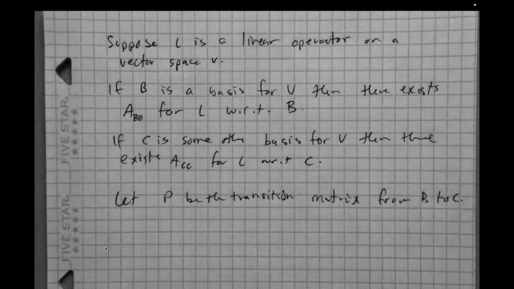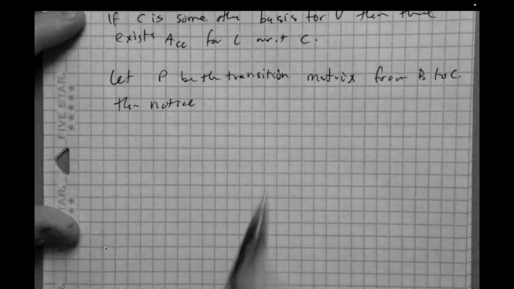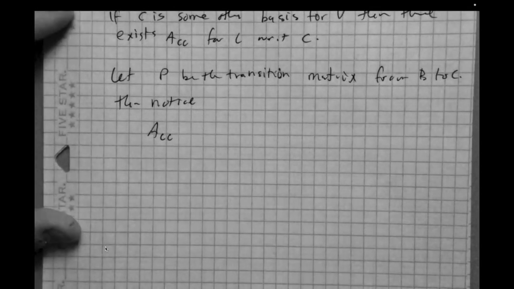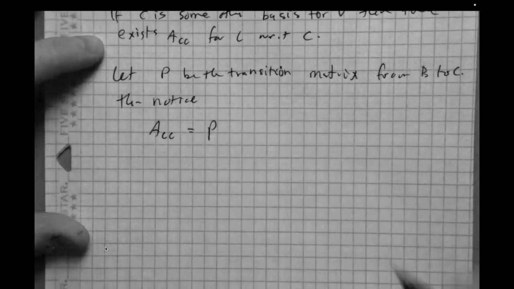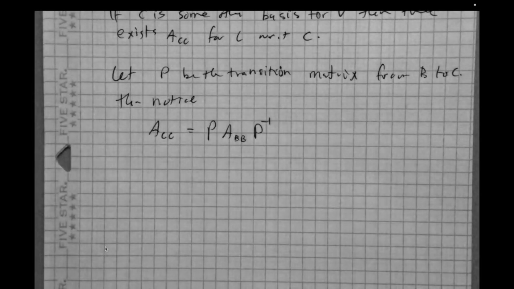Okay, so given this setup, what are we going to notice? Well, A_CC is equal to P times A_BB times P inverse. This matrix A_CC, the matrix of this linear transformation with respect to basis C, is equal to P times A_BB, the matrix for this linear transformation with respect to basis B, times P inverse.